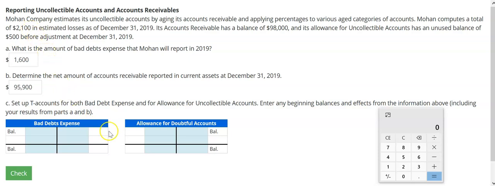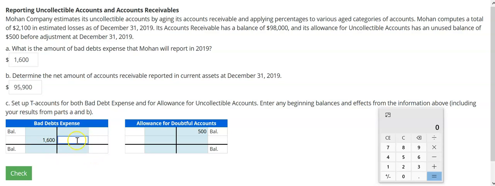So let's see what we've got here. Notice it says that we have a $500 balance before adjustment, so that's going to be our beginning balance right here. And we also know that we have to get to this $2,100. So we're not anywhere near being finished. Bad debt expense has a normal debit balance, so we're going to put that right here.